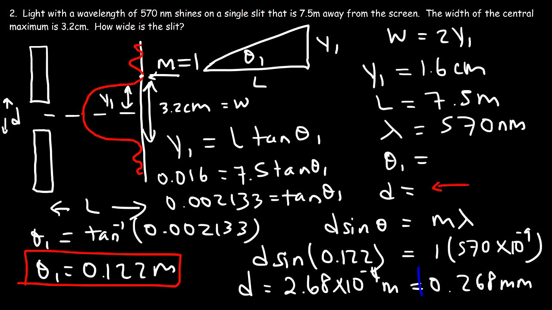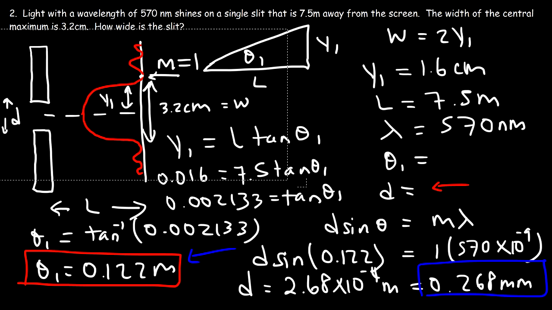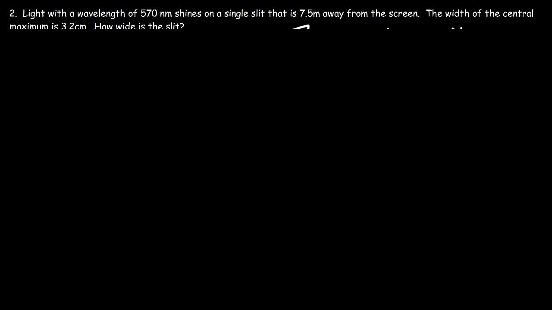Now let's see if we can get the same answer using that other formula, since theta is very small. And so that's this formula. Ym times d is equal to L times m times lambda. You can only use that if theta is small. So L is 7.5.